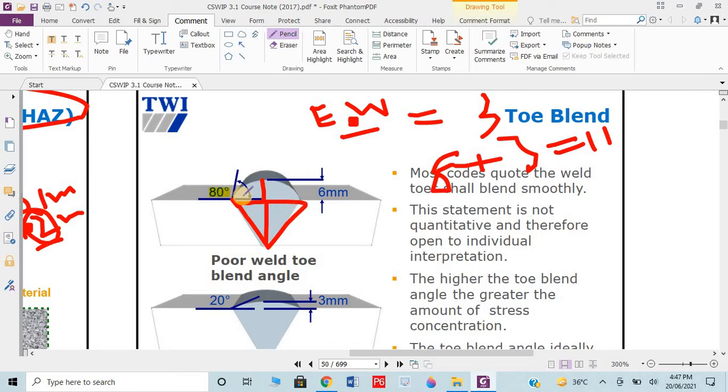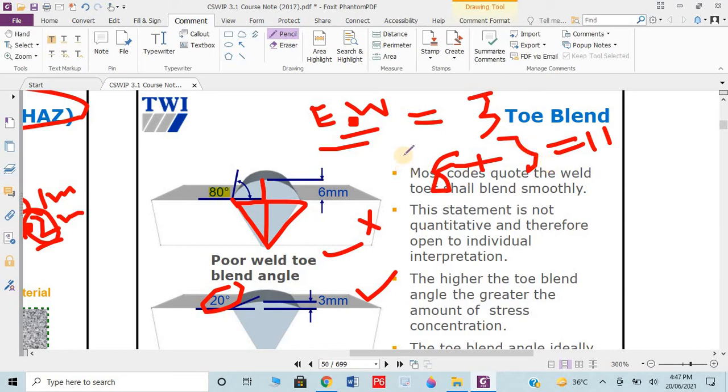Like you can see, this is an almost 80 degree angle and 6 millimeter height at this toe. If we see this one, this is 20 degree only and 3 millimeter height, then this toe is acceptable, and that one will be rejectable, because this is a poor weld toe blend angle and height. So we need to consider the drawing and formula as well.